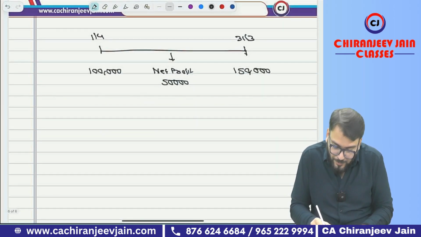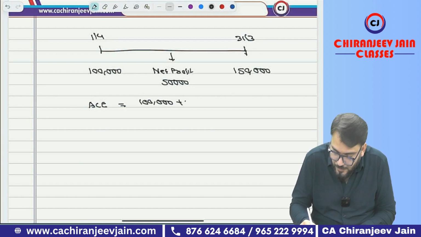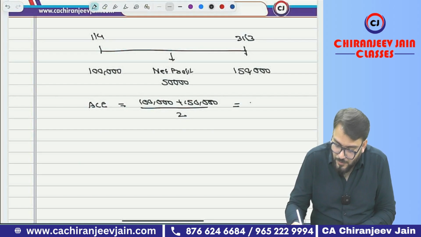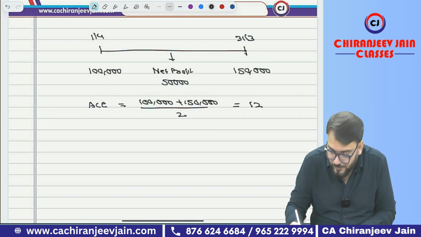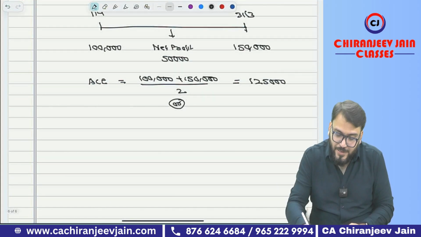Average capital employed will be 1 lakh plus 1,50,000 divided by 2, that is 2,50,000 divided by 2, which is 1,25,000.